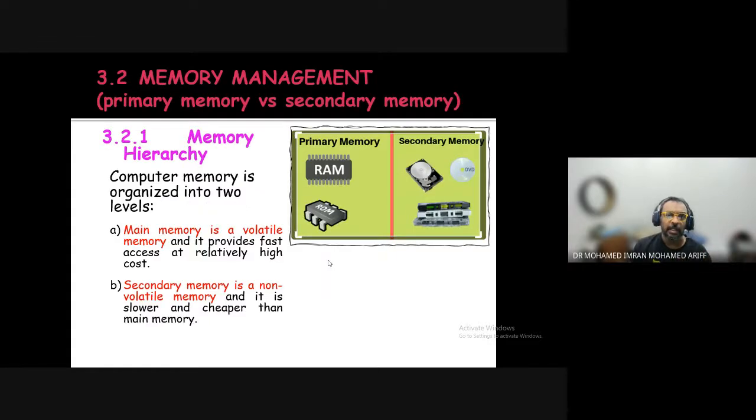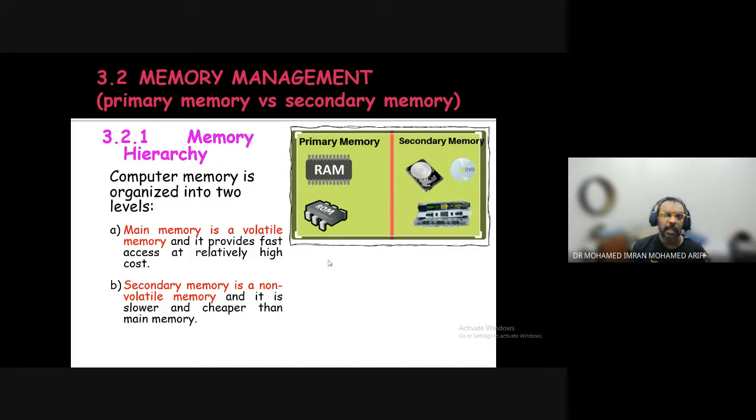There are two types of memory: the primary version and the secondary version. The main difference is that the secondary version is much bigger. It can keep more data compared to the primary version. The primary version is smaller in the amount of data it keeps and is much faster compared to secondary memory.